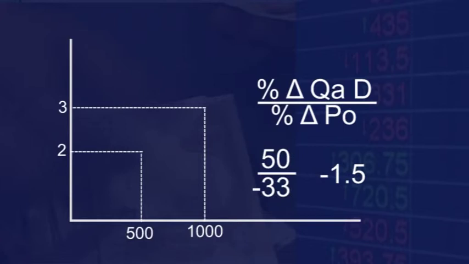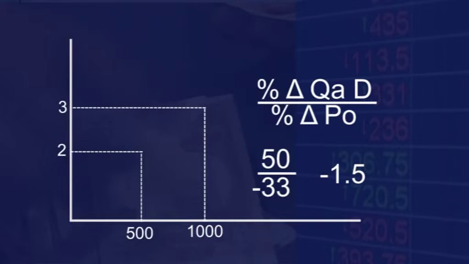Now, how sensitive is the change in the quantity demanded of apples to the change in the price of oranges? You can guess how we measure this. We look at the percentage change in the quantity of one good, in this case apples demanded, and divide it by the percentage change in the price of oranges.